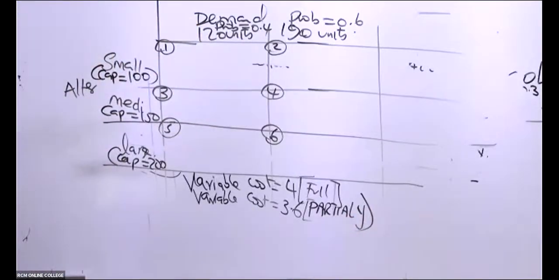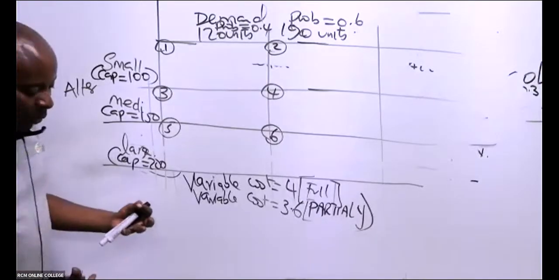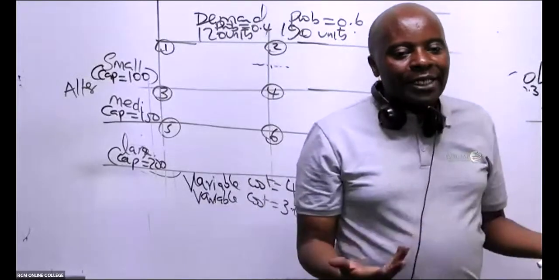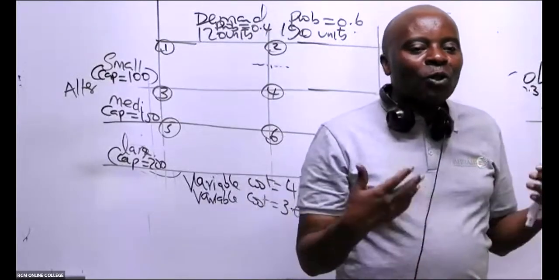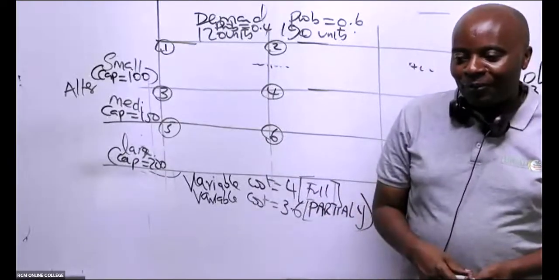Where did I get 3.6 from, abracadabra? If it goes down partially empty, it will not be heavy on the road. We shall get a waiver of 10%, meaning that our variable cost will be 90% of what? Of 4. What is 90% of 4?